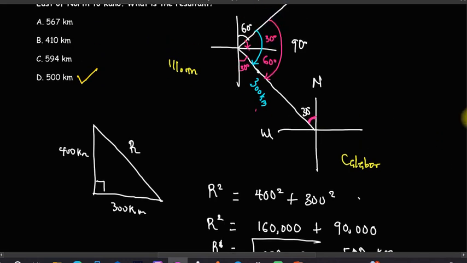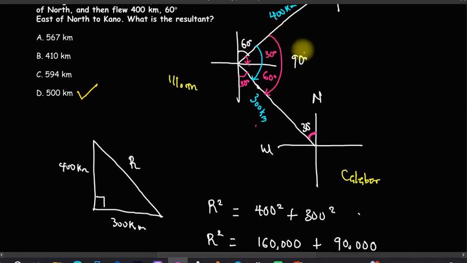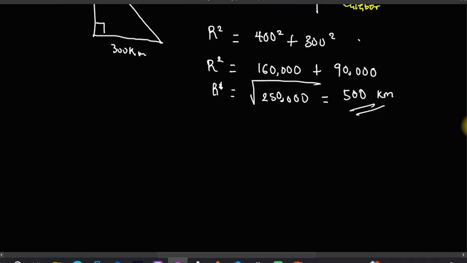Now you may have a question. So what if the angle between them was not 90 degrees? Let's say the angle between them was, for example, 120 degrees. How do we go about it? We can just use the cosine rule. That is the parallelogram law of vectors.